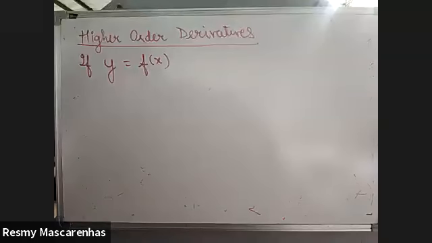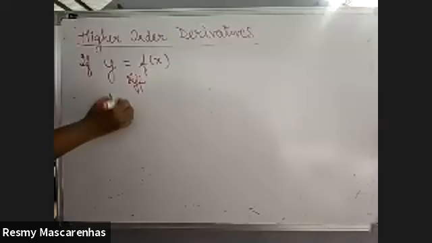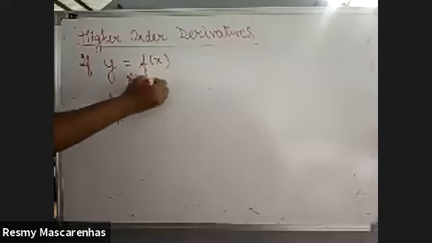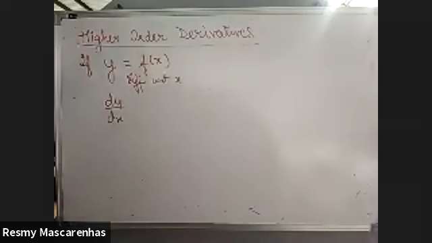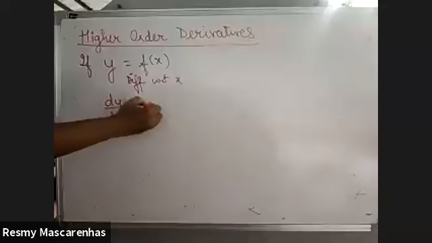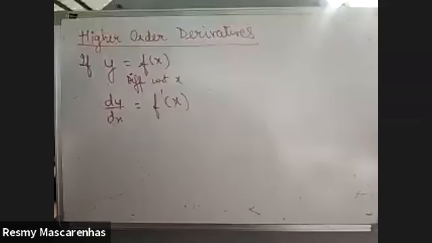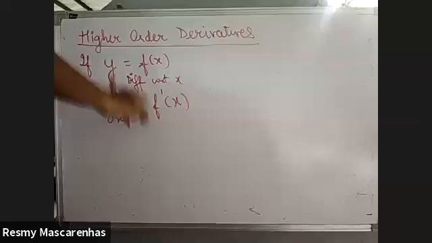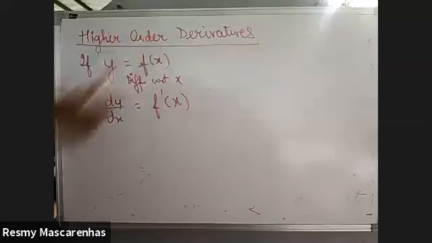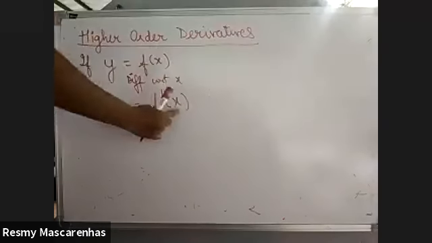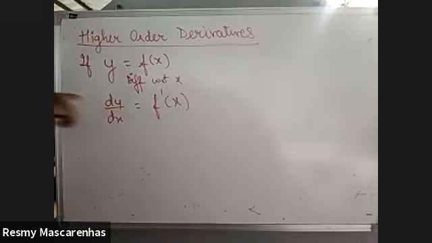Okay, so consider y is equal to any function of x. When you differentiate with respect to x, dy by dx will be the same as f dash of x. So you are finding the derivative of this function. If it was cos x, you would get minus sin x. So this is the first time you differentiate.